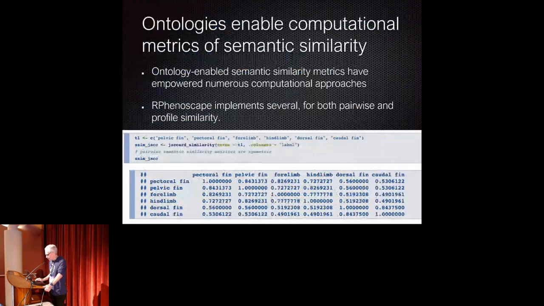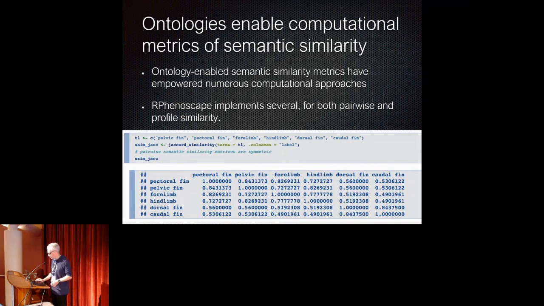And so what I finally want to get to is that ontologies, as we've heard earlier from Lisa, also enable computational metrics of semantic similarity, right? And so just for example here, how this is accessible computationally within the RPhenoscape package, if we just look at a number of anatomy terms that will probably make sense to most people here for illustration, using pectoral fin, pelvic fin, and forelimb and hind limb, and then dorsal fin and caudal fin, right?